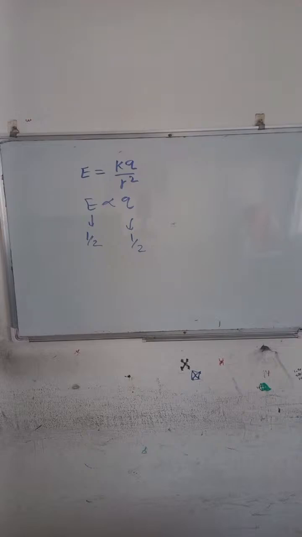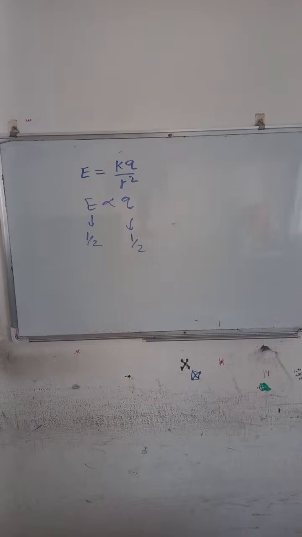I will repeat this. A force of 2.56 Newton acts on a charge of 16 into 10 raised to minus 4 coulomb. The intensity of the electric field at that point is 1600, 150, 16 or 1.5 Newton per coulomb.